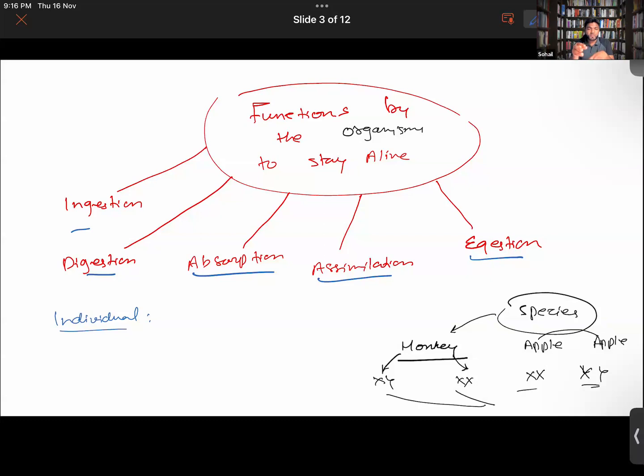Reproduction is necessary. Getting it or not? Yes, sir. So the existence of an individual is not affected by reproduction, but the existence of the whole species is affected, right?